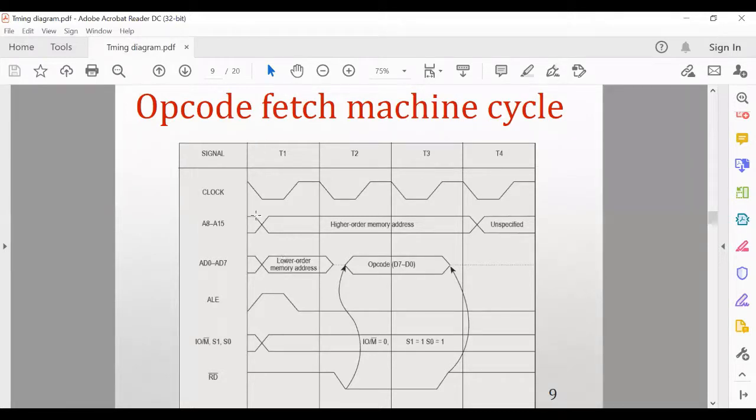Now this cross section reflects that these signals are activated or enabled after this position, and up to this point it has some mechanical delay. Why? Because as soon as any signal comes, it doesn't go into a stable state immediately. It takes a certain amount of time.